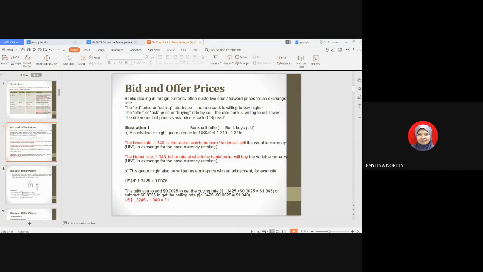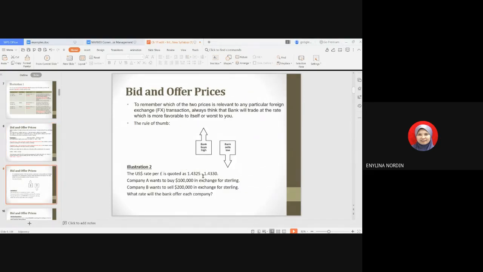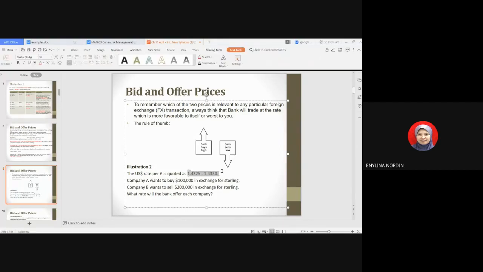So here, an example, what rate will the banks use to buy and to sell the currency. Let's say the US dollar rate per pound is quoted as follows, which is between 1.4325 and 1.4330.